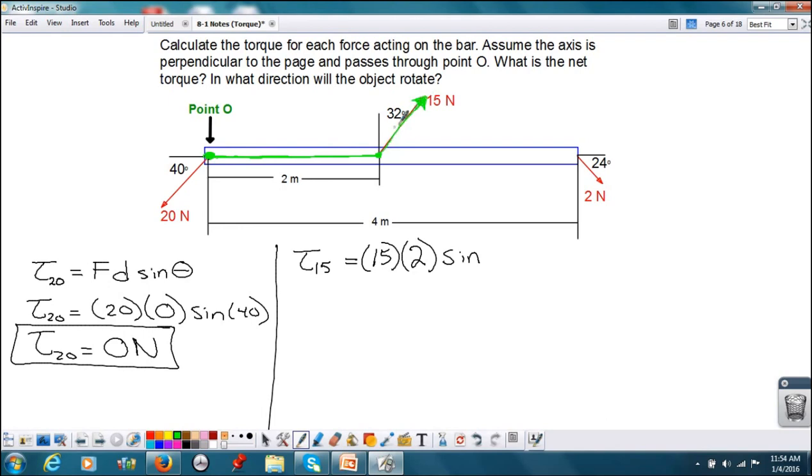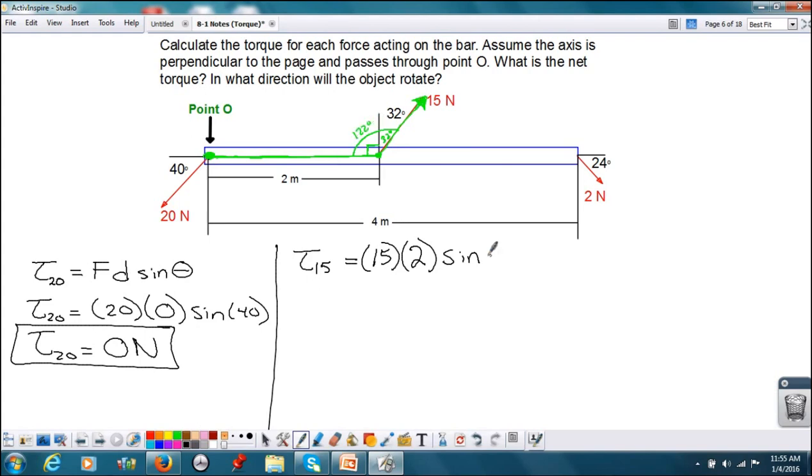So this angle is not 32. It's this entire angle, which is made up of this 90-degree angle and the 32. So to find my angle, I have to take 90 plus 32 to get the entire angle, which is 122 degrees.